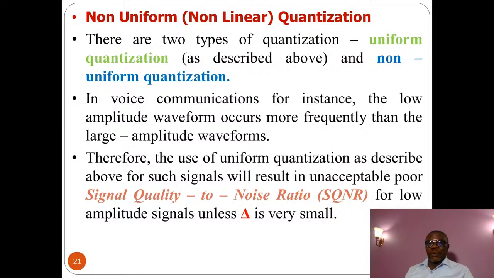Get it right. When you are talking, the difference between the highest amplitude from your voice and the lowest amplitude may be very small. Your voice is likely to be close to flat.